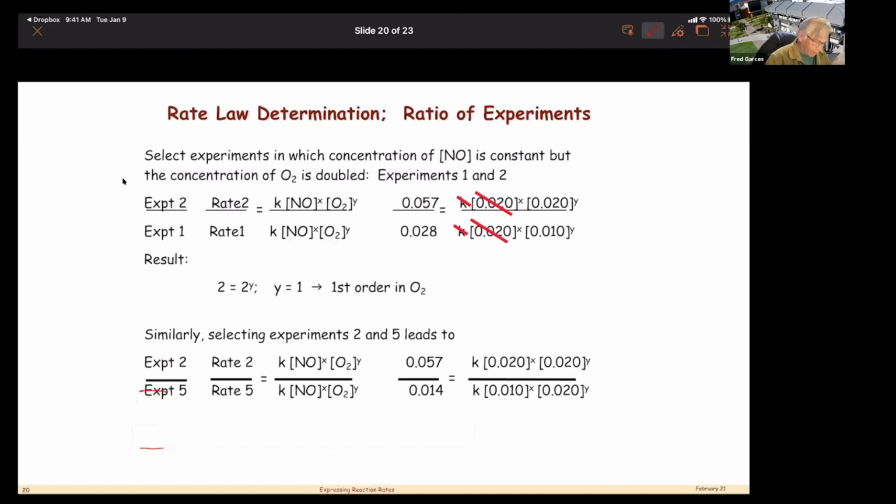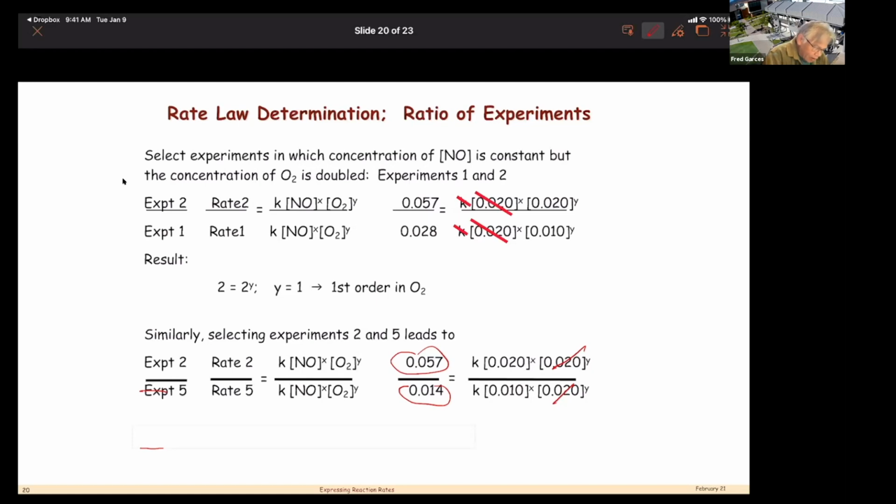I put 2 on the numerator because it has the bigger rate, and I put 5 on the denominator because it has a smaller rate. Again, I don't want to deal with fractions. You notice how the oxygen now will cancel.